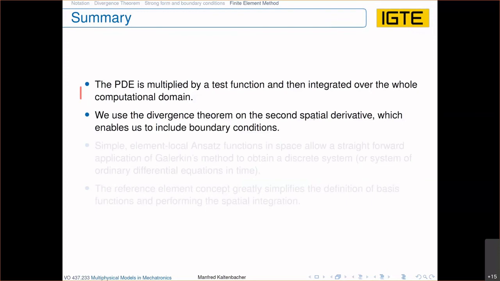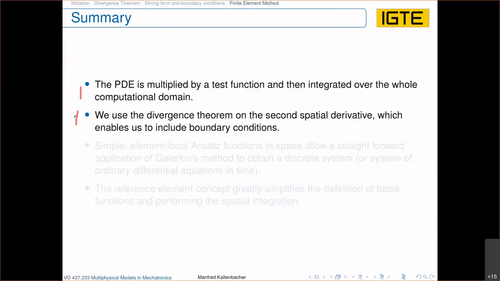Please also consider this very important thing we have seen: our material parameter, which has a spatial derivative in the strong form, now in the weak form has no spatial derivative.